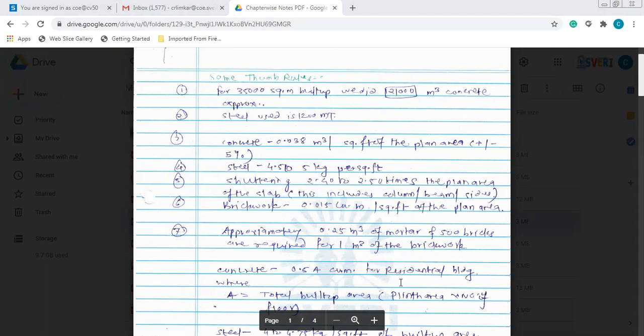And the time required is again around 2 or 3 days, but again it totally depends on the site conditions, how much manpower you require. Okay, everyone is getting what I'm going to tell you. So these are the thumb rules which are there for the labor. Now if you have any doubt, you can ask me.